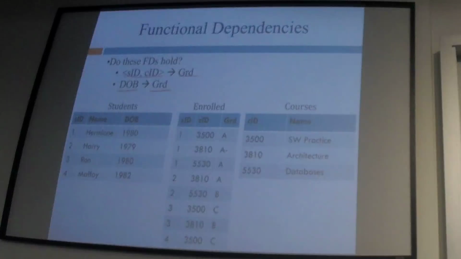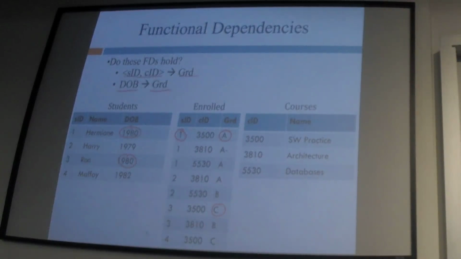So let's see, we have Hermione with an A. So does 1980 determine A? We have another 1980 with a C. So Ron is 3, that's why I circled this 3. 1980 does not determine a grade.